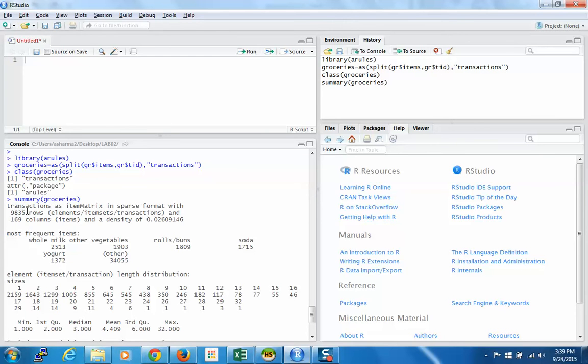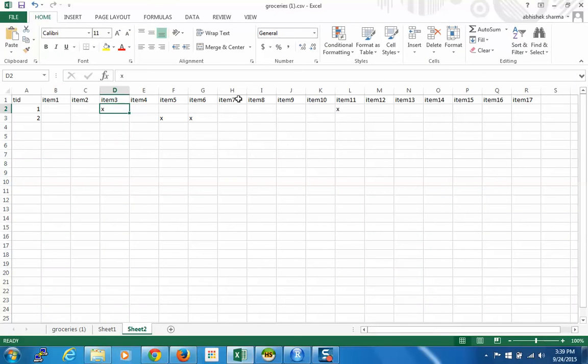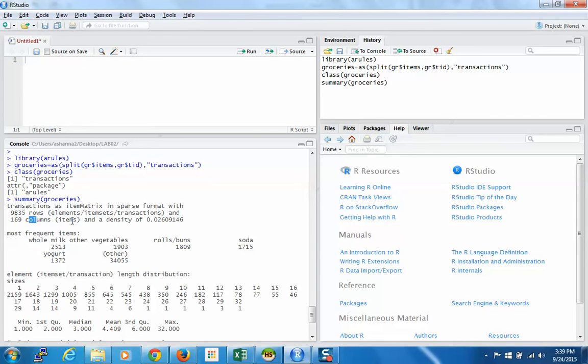So now we get vital information about our transaction data set: 9,835 transactions, which are rows, and 169 columns. That's the information from these two things.